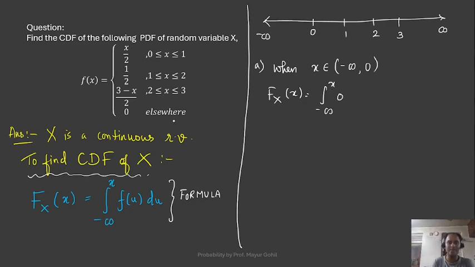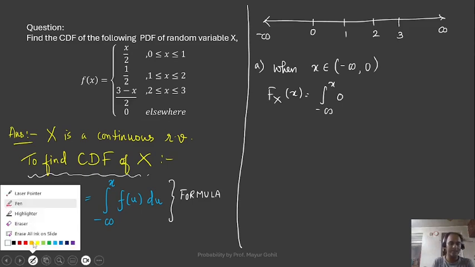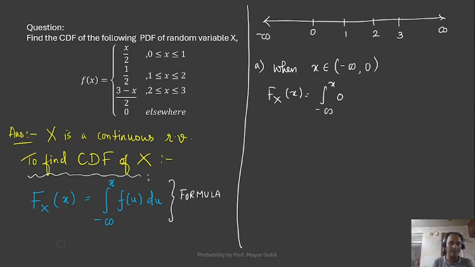Elsewhere it is 0, given. So in this situation, till here, it's all 0, so my answer is also going to be 0. No problem here. In the first case we are over.